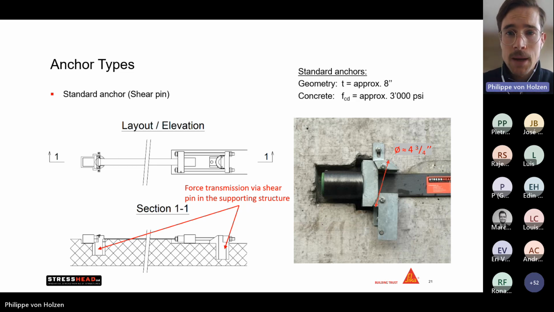Now as well, of course, depending a little bit on the requirement on the job site, the post-tensioning force that we have to apply depends on the perforation depth. We say in a concrete with about 3000 psi or 20 Newton per square millimeters, we need a perforation depth of about 8 inches.